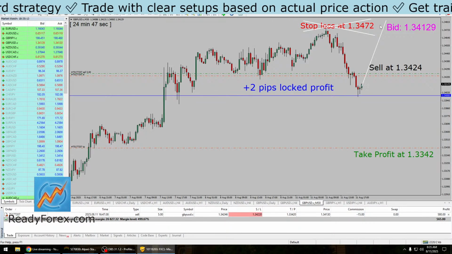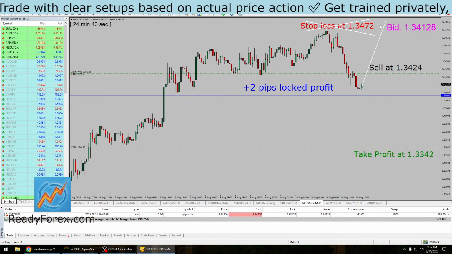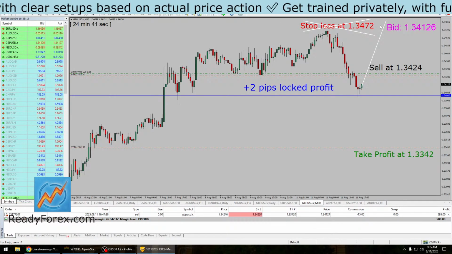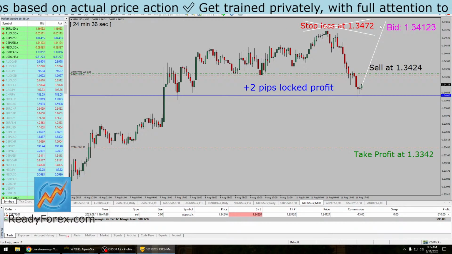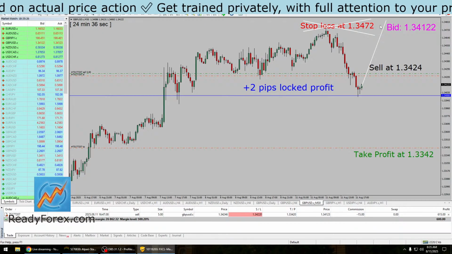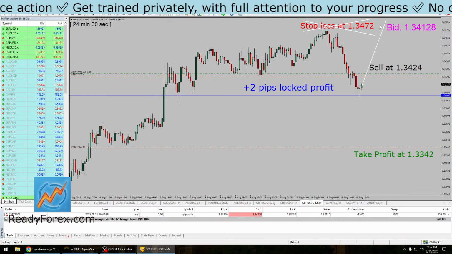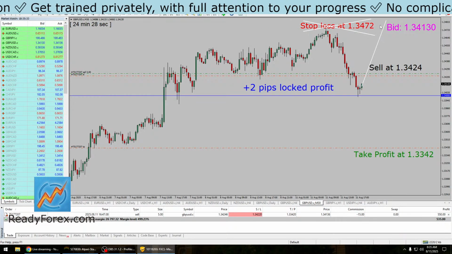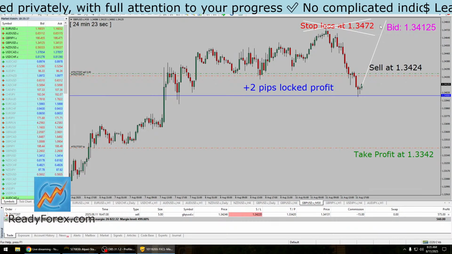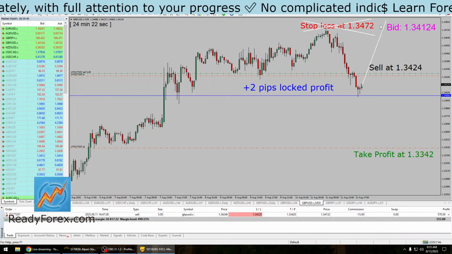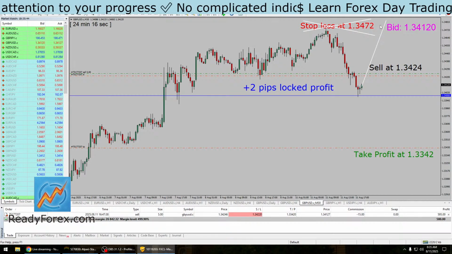So what you can do is lower down your stop loss and lock in plus 2 pips profit. At least this is how I'm trying to manage it.